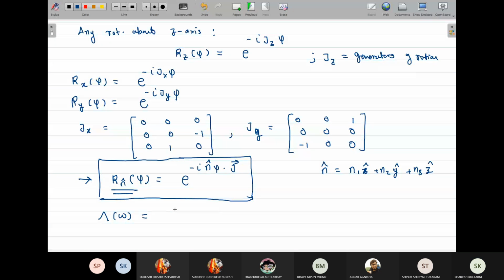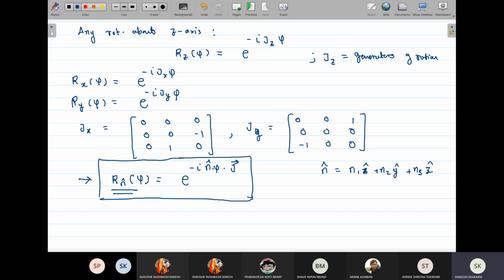The situation will be slightly complicated here. Recall what these are: these are the rotations. So in your coordinate space, this will be represented by a 3 cross 3 matrix, because J is a 3 cross 3 matrix.